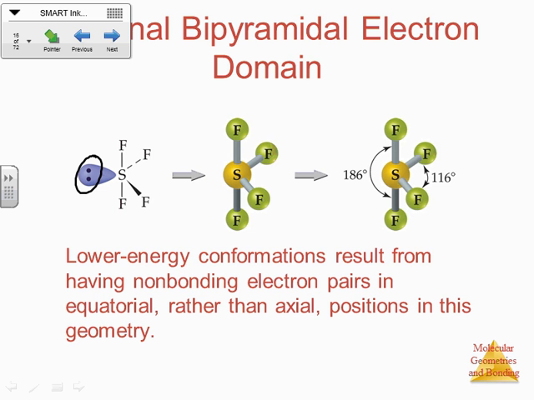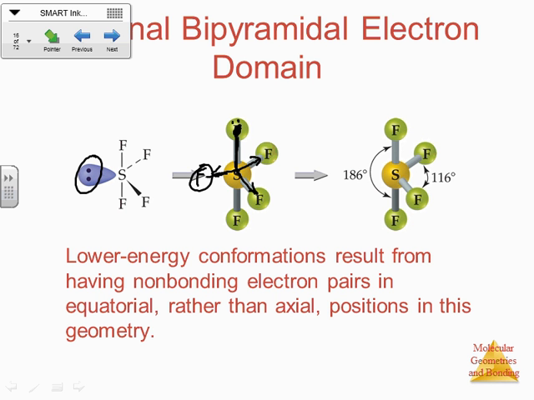So we've got SF4. Let's say that we put the other F out here, and this was our lone pair instead, okay? So if you think about that, that lone pair is now at a 90-degree angle to three of these bonds right here, okay? So these are all 90-degree angles, right?